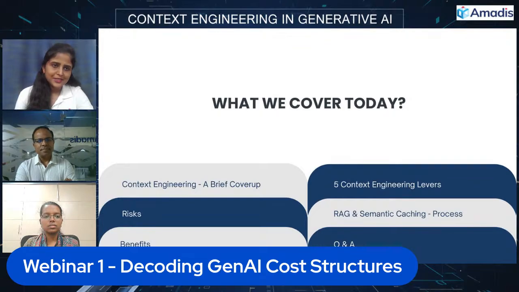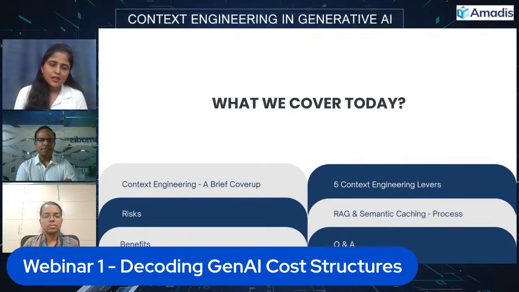As I said, today's webinar is going to cover context engineering in detail: what it is, how, and the ways to do context engineering better; the risk of skipping context engineering, and the benefits of doing it.